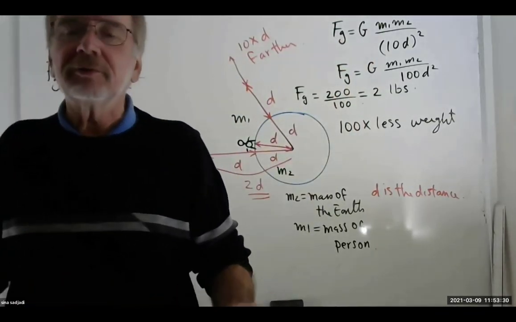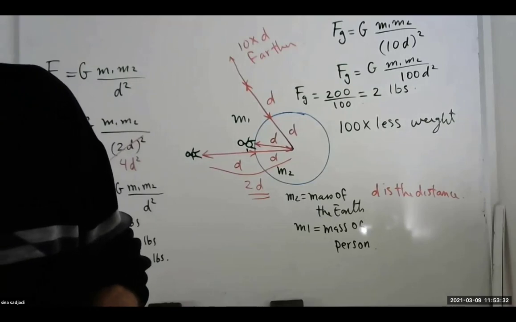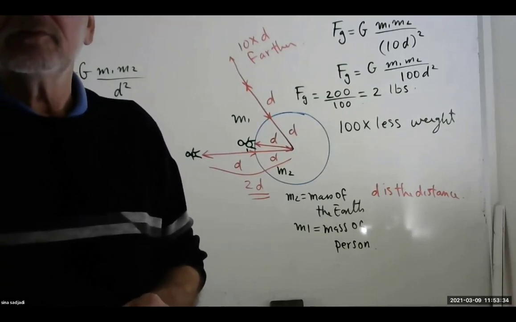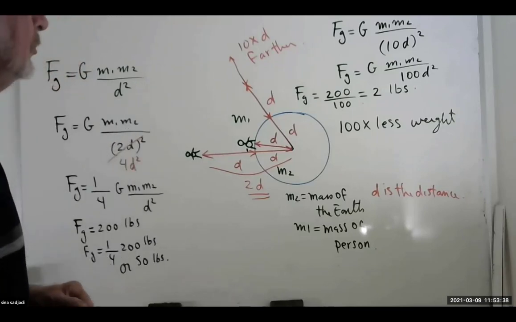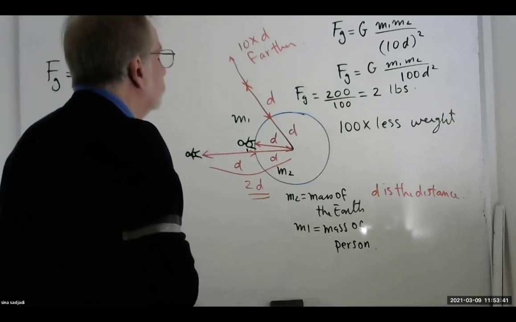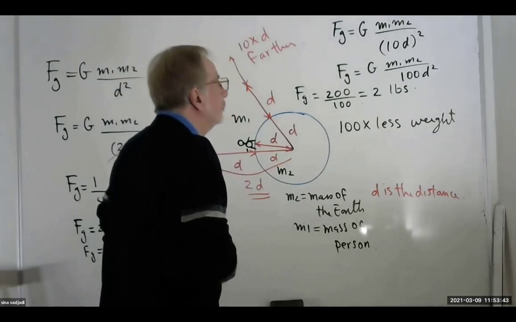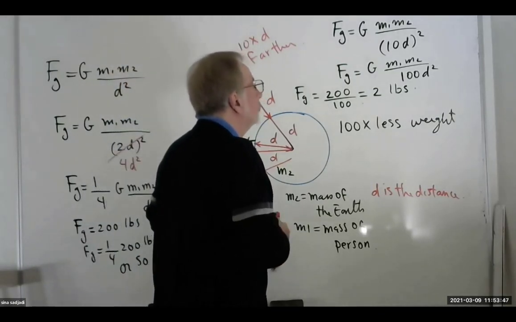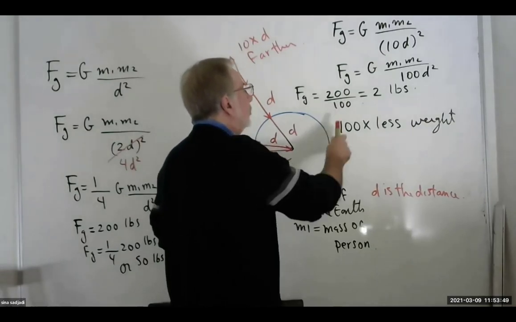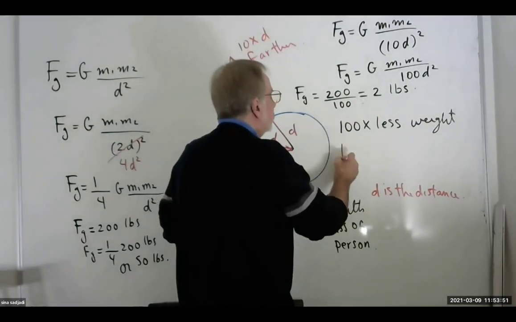So my question is, how did you get from the force of gravity equals G times M1 times M2 over 100D squared to the one right below it, force of gravity equals 200 over 100 equals 2 pounds? Oh, this one here? Yeah. Same way here.